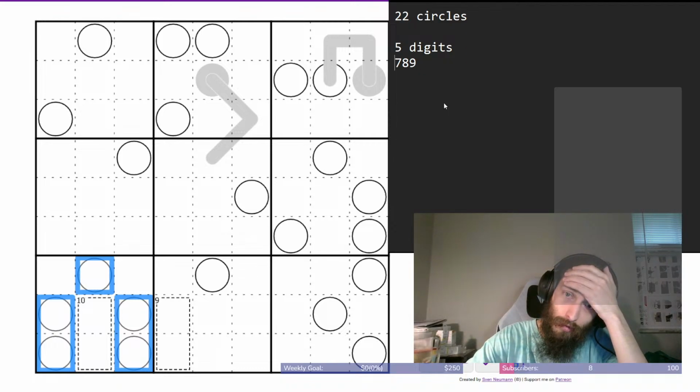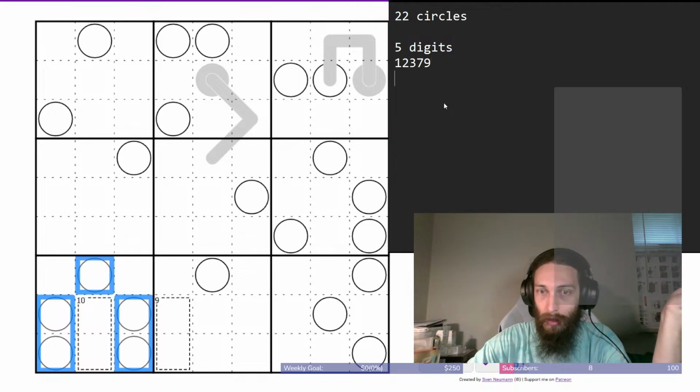So if I take out, what am I doing? Okay, so if I want to do 1, 8, 9, that is 18. I need 4. So I can't do 1, 8, 9 because the only way to do 4 in 2 more digits is 2, 2, or 1, 3. I'd have to duplicate something. So I could do 1, 2, 3, 7, 9. Because that's 6 and 16. And then we start from there.